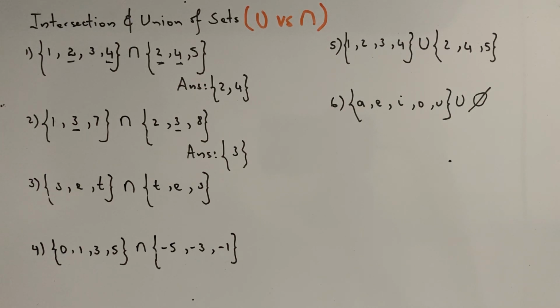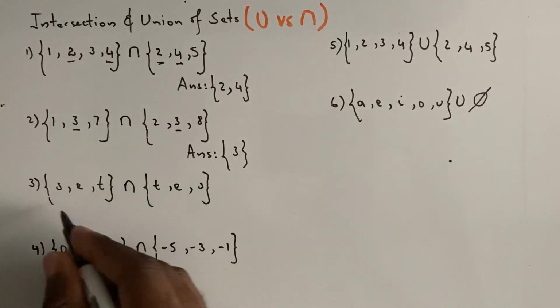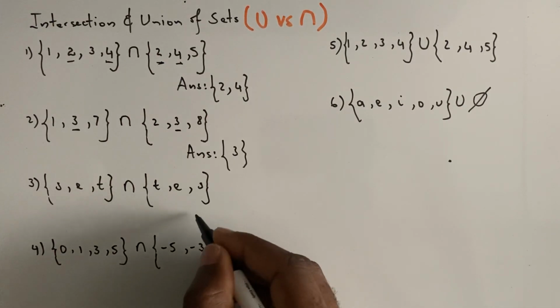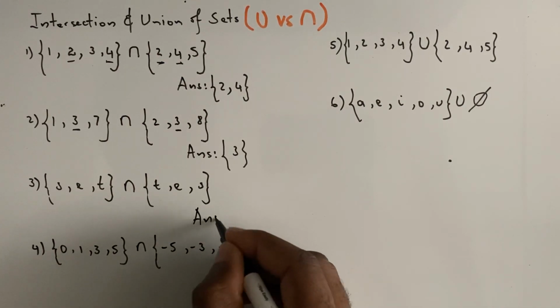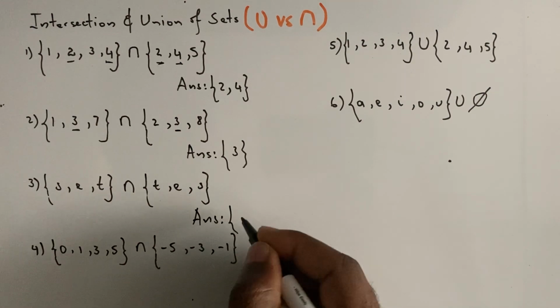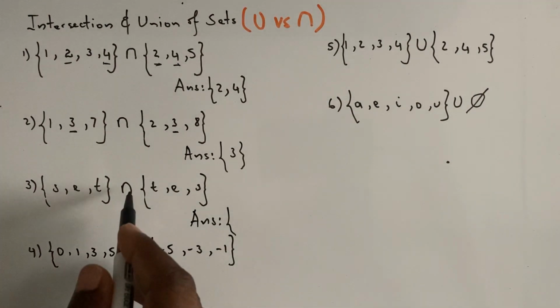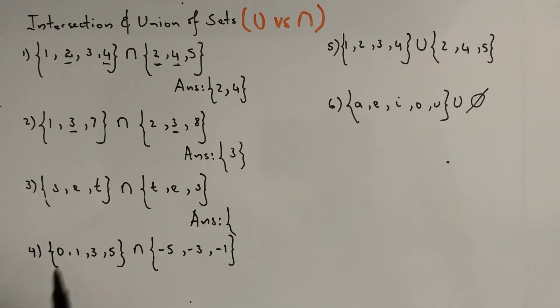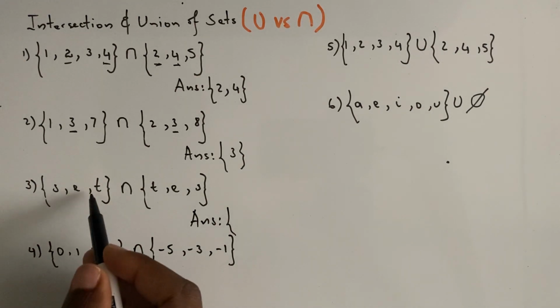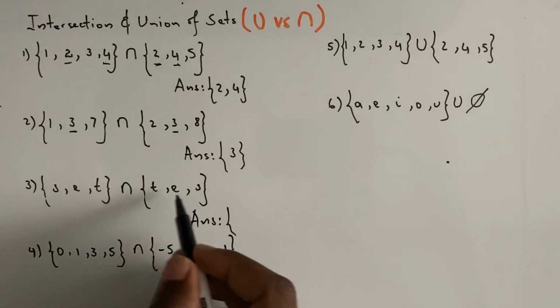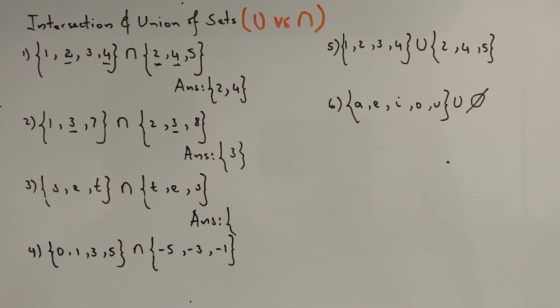Now, how about number 3? Again, you're still trying to get the intersection. The symbol here tells you it's intersection. Check it out: S, E, T for the first set, T, E, S for the second set. What's the intersection?